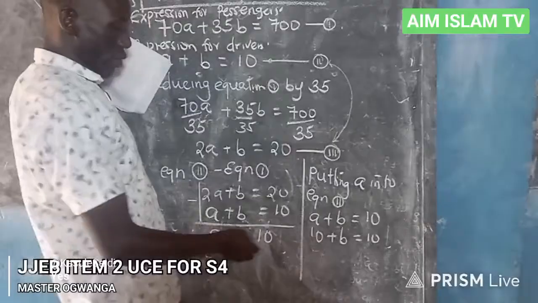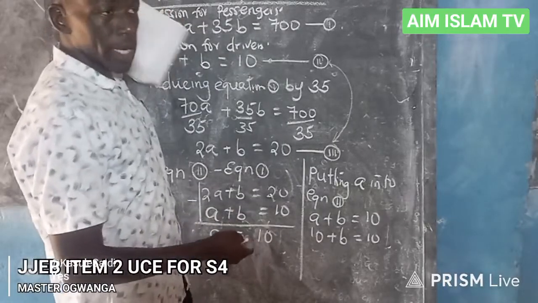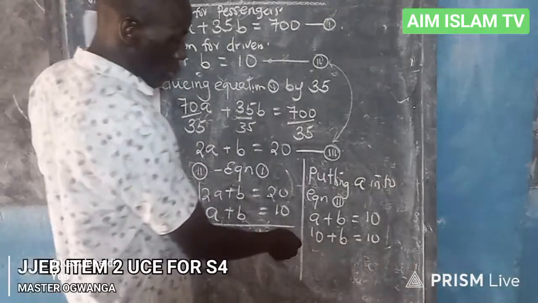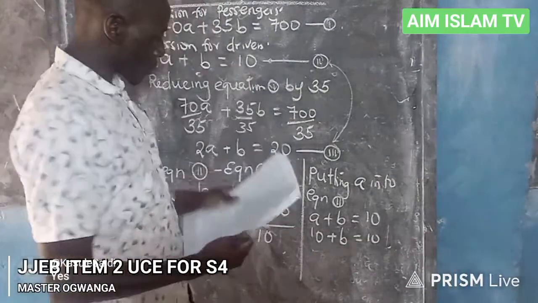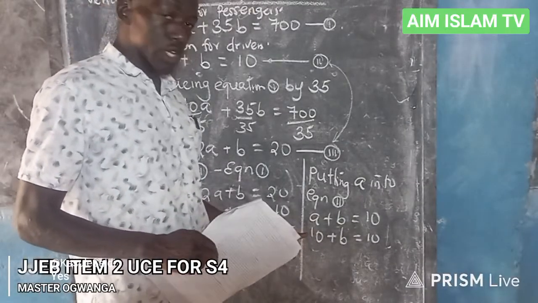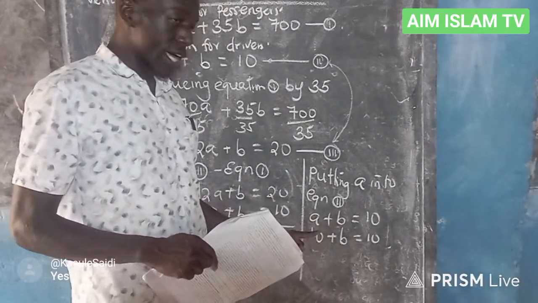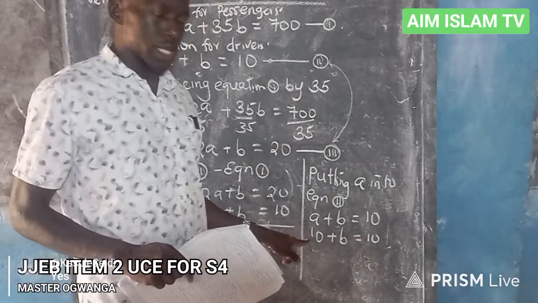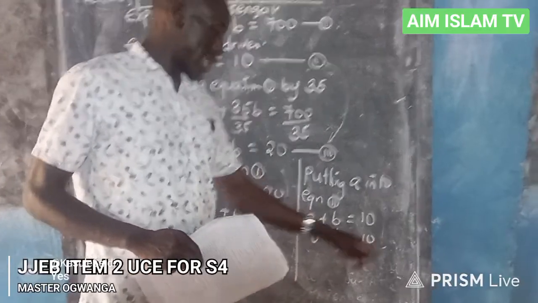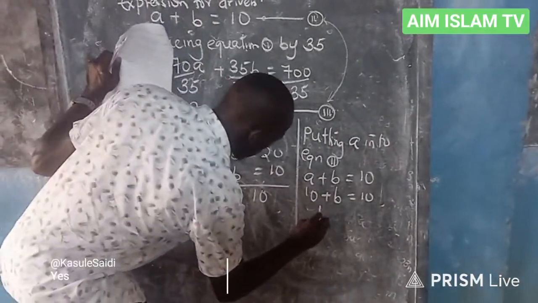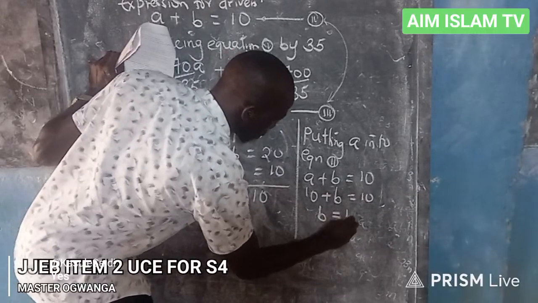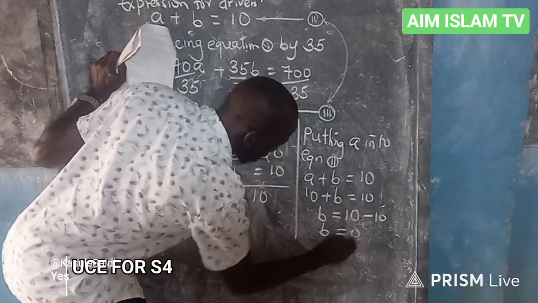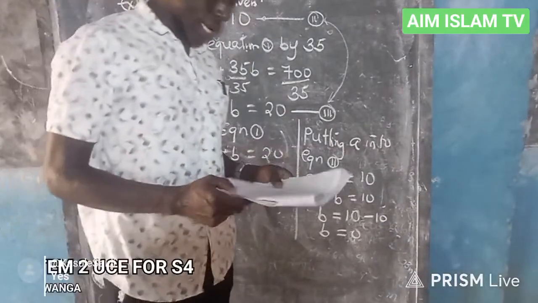Then we collect like terms, because we are looking for the value of B, meaning we should make B the subject at this moment. As we know very well, if anything is positive, as we are taking it across, it becomes negative. So this positive 10 is going to go to that side as a negative. It will result in B being equal to 10 minus 10, whereby at the end you will find the value of B as 0.